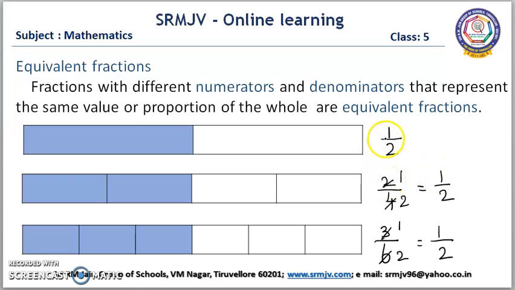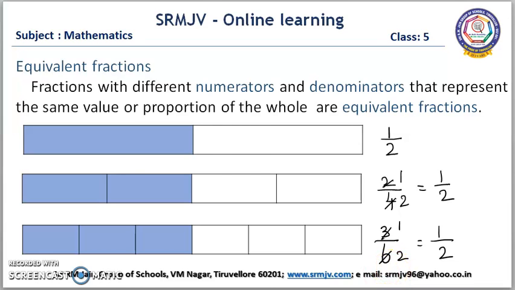So the fractions 1/2, 2/4 and 3/6 have different numerators and denominators, but the value of the fractions is the same. So, 1/2, 2/4, 3/6 are equivalent fractions.